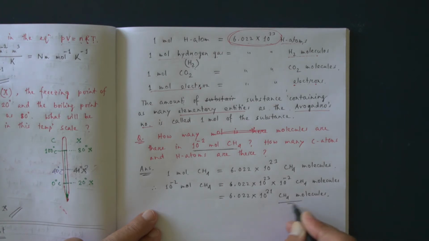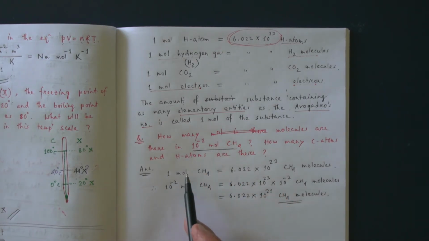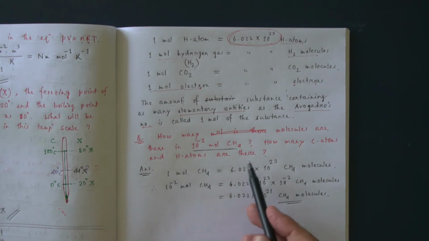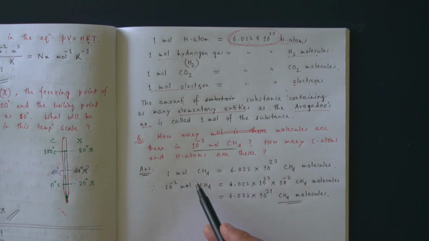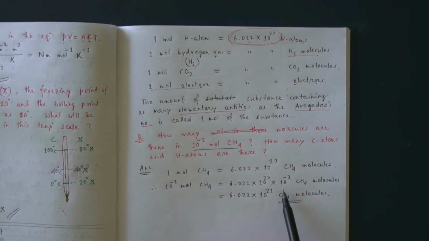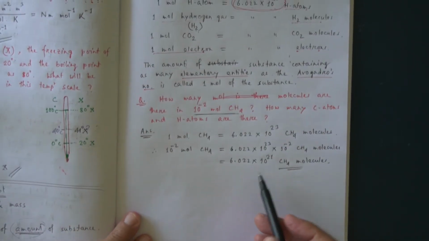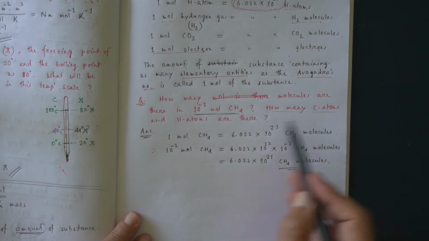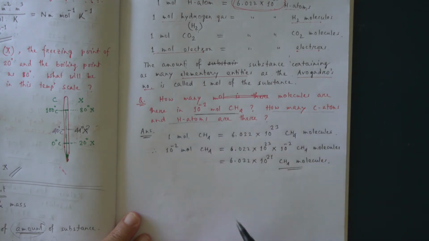Like 1 dozen contains 12, 2 dozen will contain 12 into 2, just like that. Very simple. Next: how many carbon atoms and how many hydrogen atoms are there?